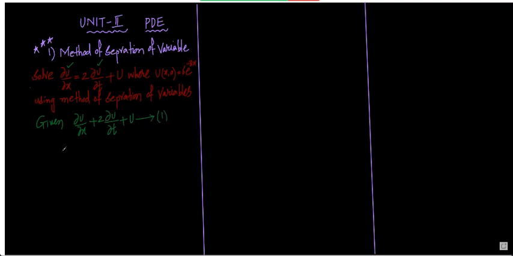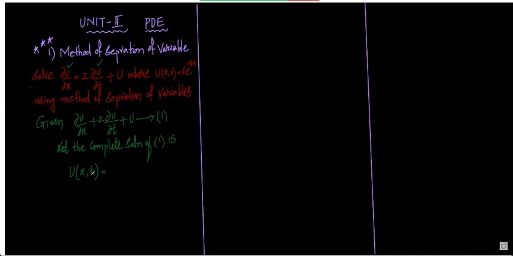Now let the complete solution of equation number 1 be as follows. You can see how I am writing the complete solution. U is a function of two variables, x and t.